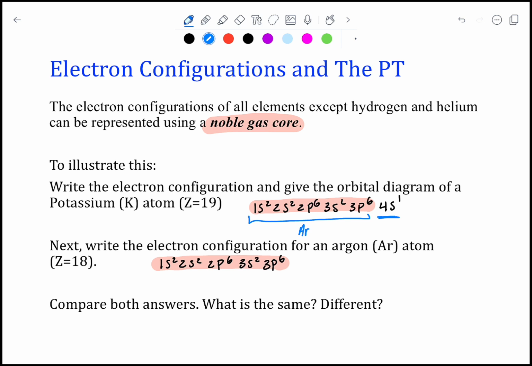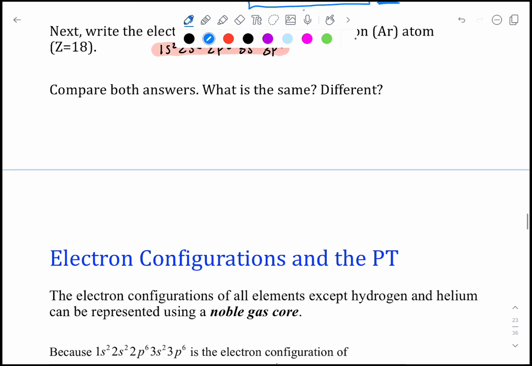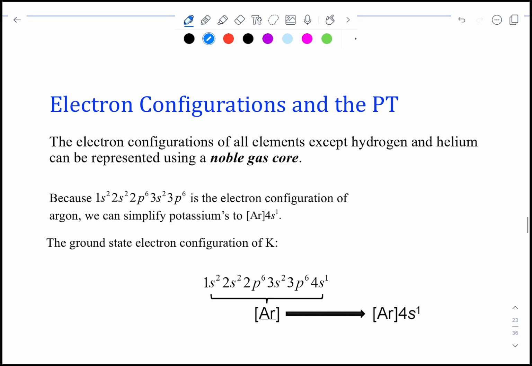So the noble gas core is a way of simplifying our electron configuration for all of our elements so that we don't have to show every single electron, because the noble gases have electrons in common with all of our elements. So the electron configurations are shown here. This is exactly what we just showed.